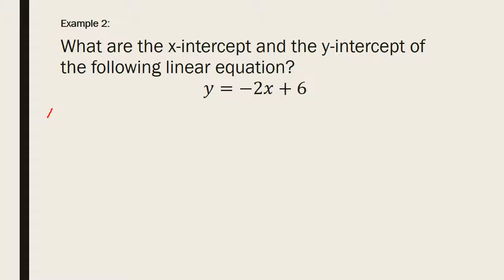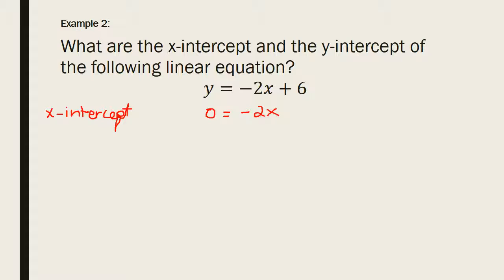So let's start with the x-intercept. We know that the x-intercept is a point that has a y value of 0. So to find the x-intercept, I'm going to have to substitute y with 0 and then evaluate the linear equation.